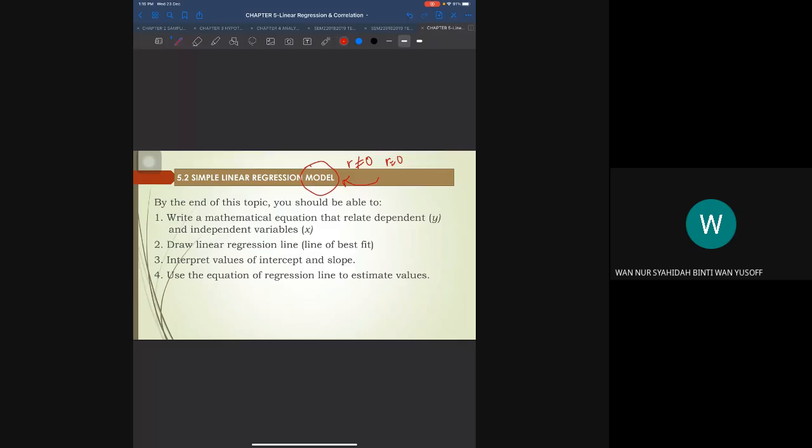So it will be invalid to use to estimate the value. When we have the model, then we can use it to estimate the value. The estimate of the value we call a prediction, to predict the value.